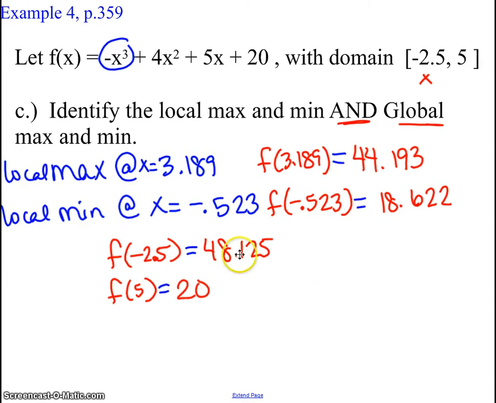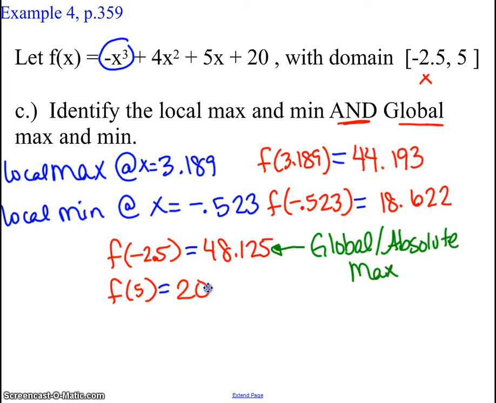Now, when you look at the y values, notice that f of negative 2.5 is the biggest y value from the 4. That is the global or absolute max, because out of the 4, that is the highest y value. That's going to be the highest the graph is in the interval from negative 2.5 to 5.